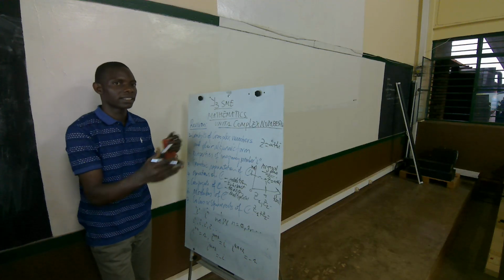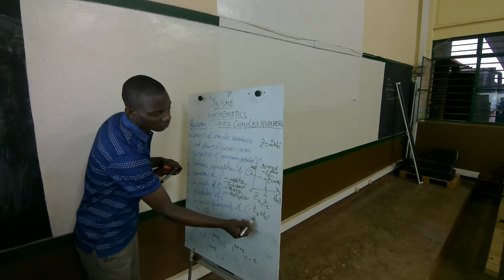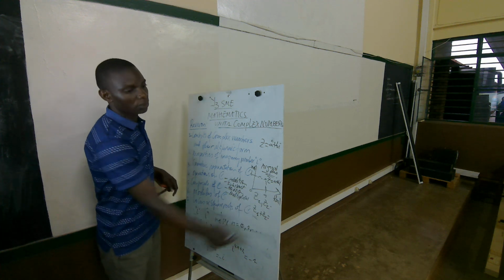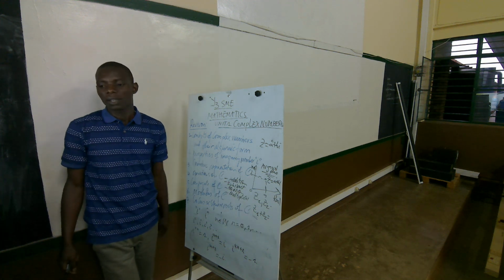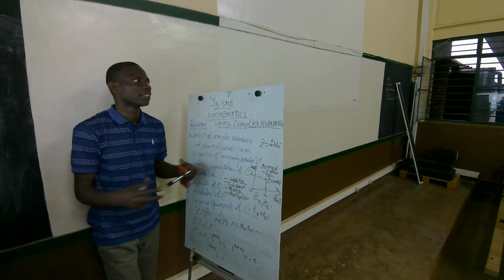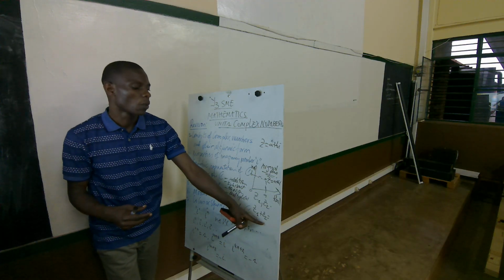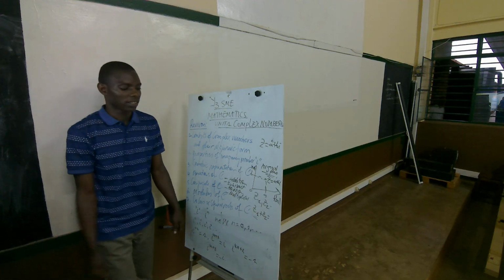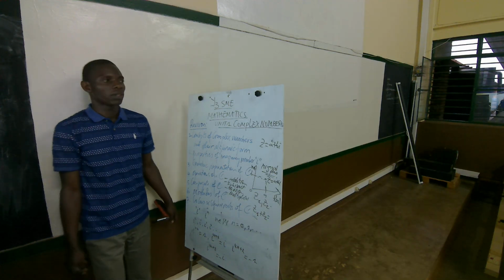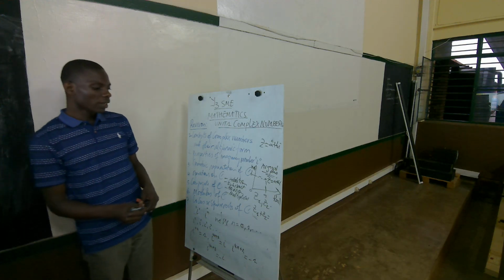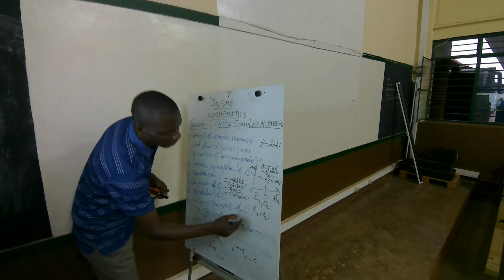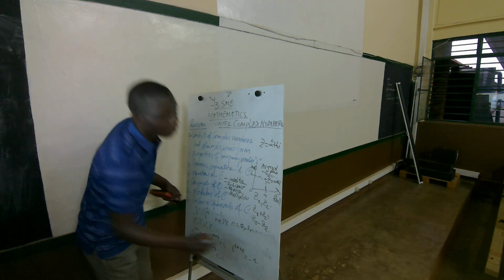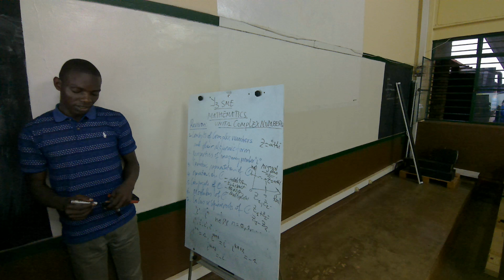We add the imaginary parts of the first complex number with the imaginary part of another complex number, and also we add the corresponding real parts, the real part of this z1 and the real part of this z2. Not only addition, but also subtraction, where you can subtract z2 from z1.